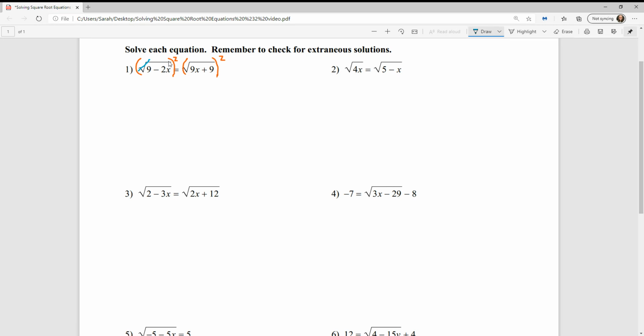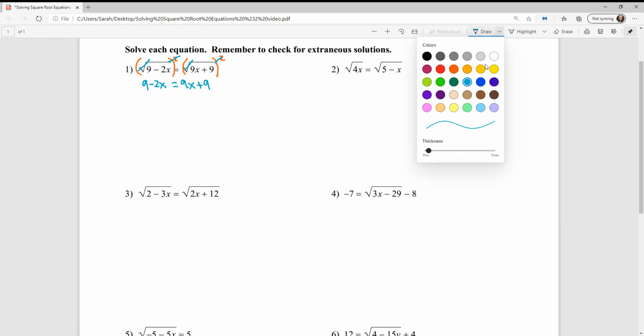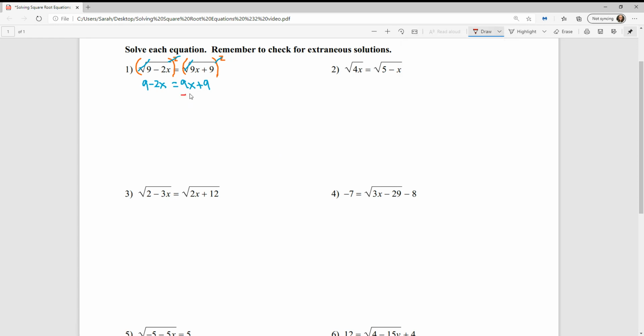When I do that, square root and squared cancel on the left side and on the right side. And then what we have in blue looks like things you've been doing for a long time. It's an Algebra 1 problem at that point. We need to get our x's on the same side of the equation. So I'm choosing to subtract 9x from both sides. You could have done that a little differently.